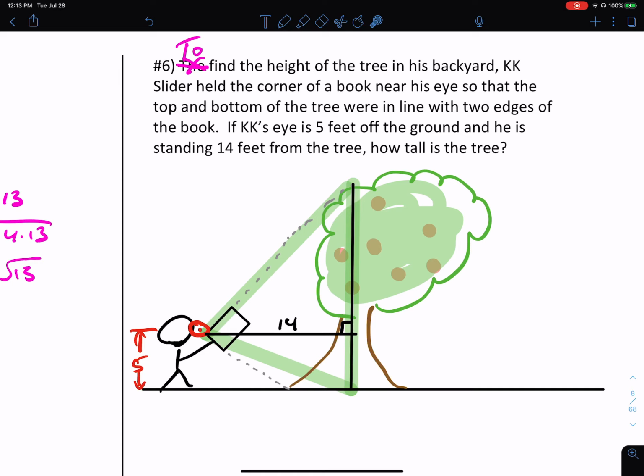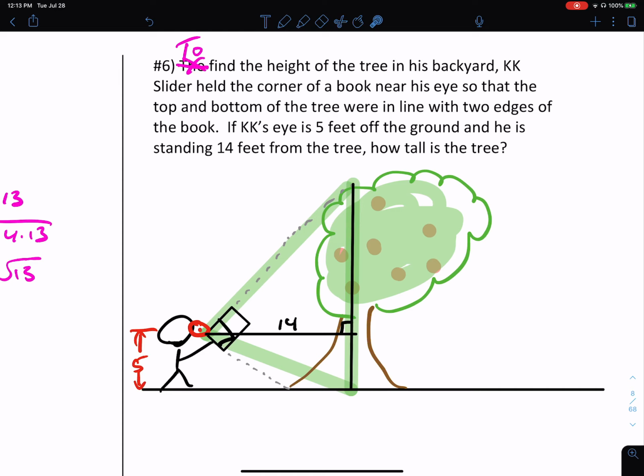A right triangle is formed here. The book makes a right angle, which makes this an altitude. So theorem 8.1 is going to apply to this.